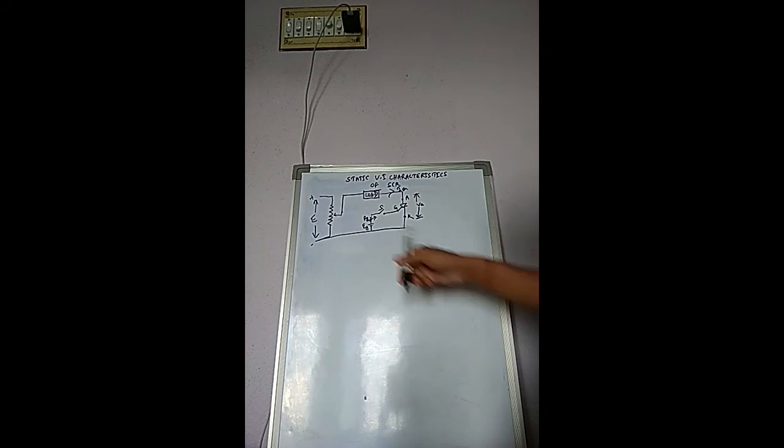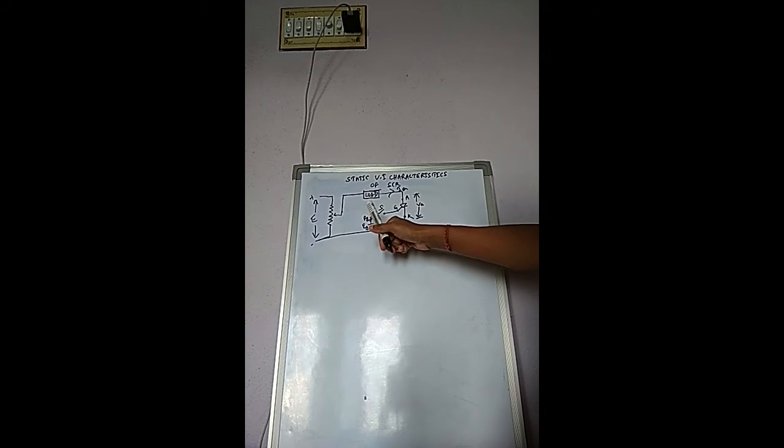So this is the elementary circuit diagram for obtaining the VI characteristics of SCR.